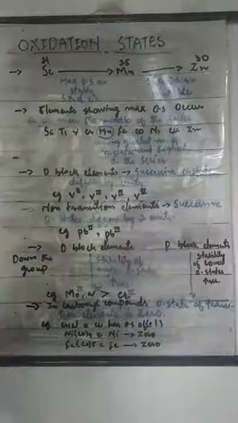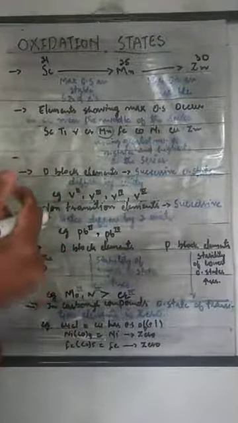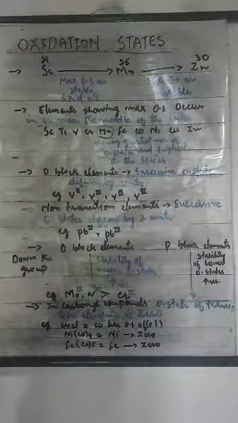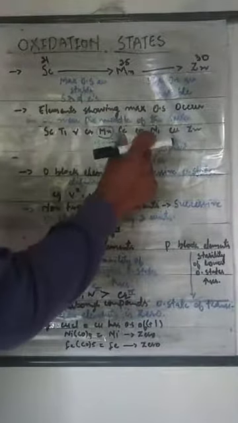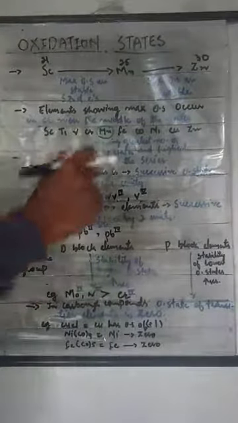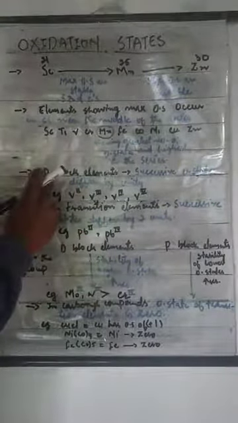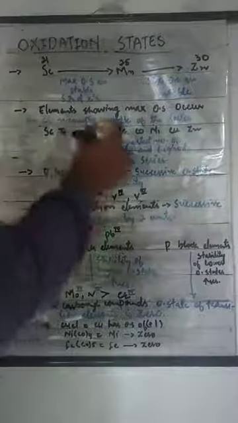Greatest number of oxidation states means it shows +2, +3, +4, +5, +6 and +7 oxidation states. And in 3D series, manganese is that element which shows the highest oxidation state of +7, which we have discussed in the previous lecture.